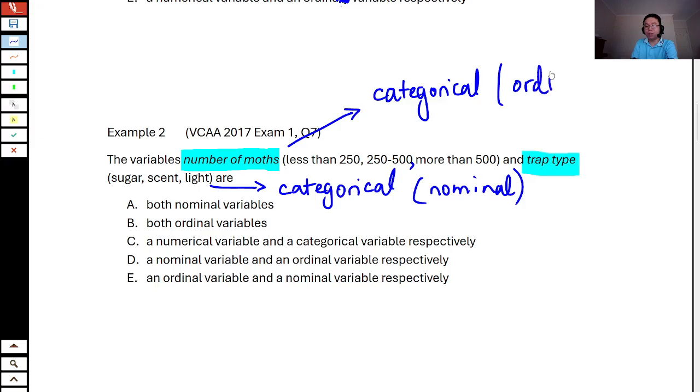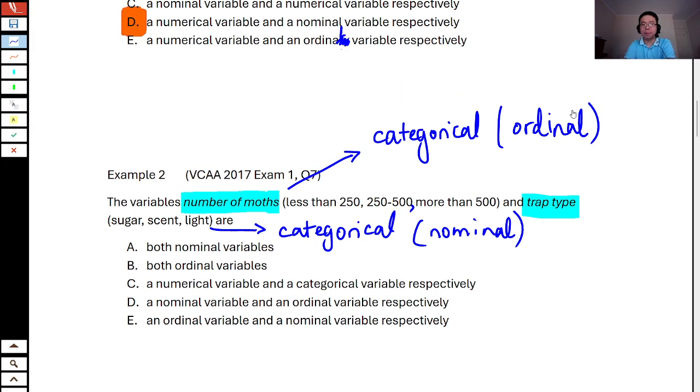And there's an obvious ordering to these categories. You've got the smallest category and the largest category. There's an obvious hierarchy here. So the first variable is ordinal, and the second variable is nominal. I hope you're seeing that the classification of variables is not necessarily straightforward, and that you do need to think about it before you rush to an answer.